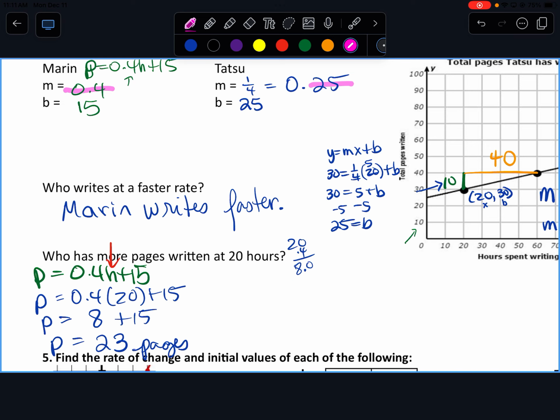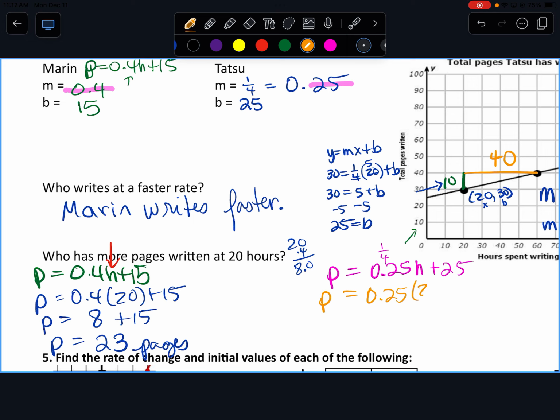And then I'm going to take the other one, again, P equals the slope of 0.25, or 1/4, times h, plus the b value. And I'm going to plug in 20. 0.25 times 20 plus the b value.